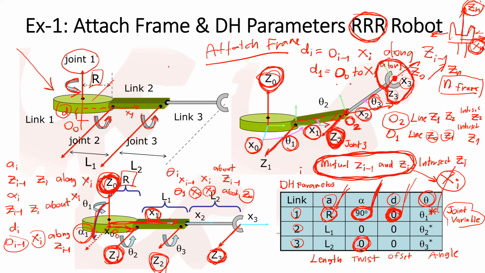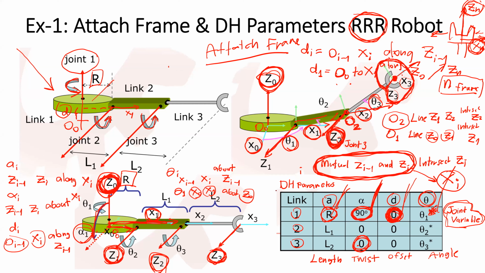The offset, if you already set the origin, will be the value that corresponds to the place where you set the origin. But it cannot be changed during the motion of the robot. So its parameter is not a joint variable. So no star on that parameter.